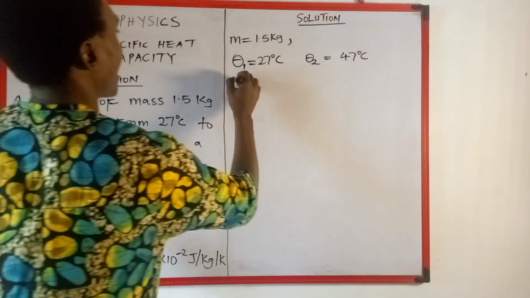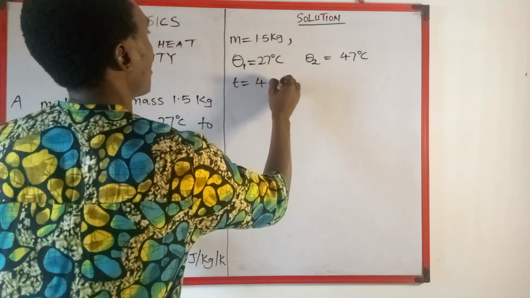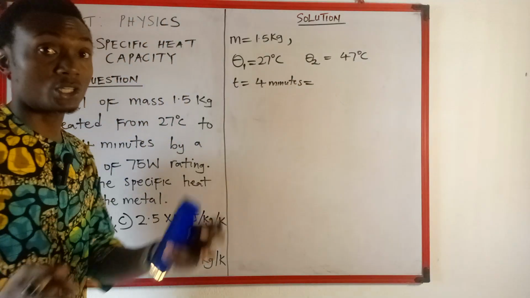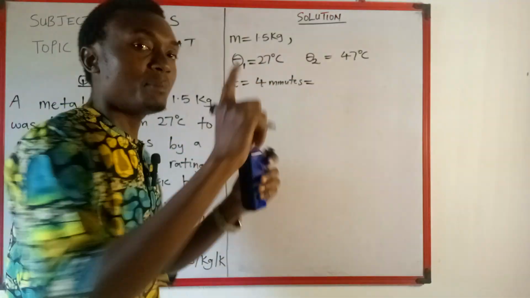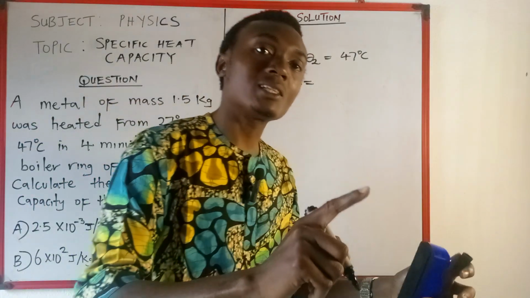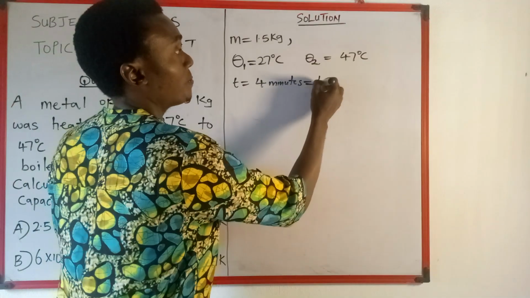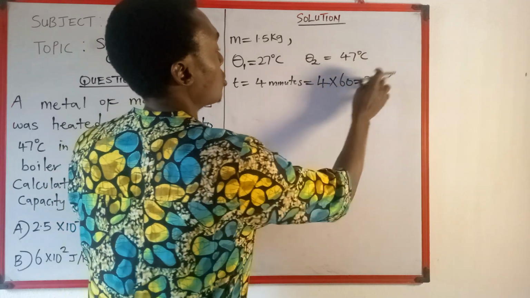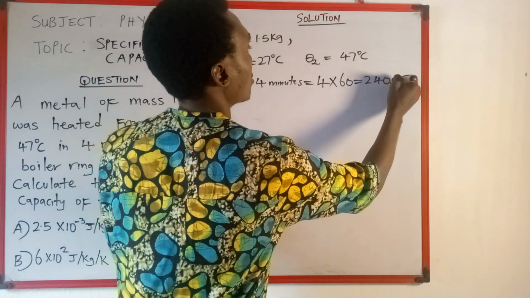In 4 minutes, time there is given as 4 minutes. I know we don't use minutes to solve, so we have to convert to seconds. If a minute is 60 seconds, so definitely 4 minutes will be 4 times 60, giving us 240 seconds.